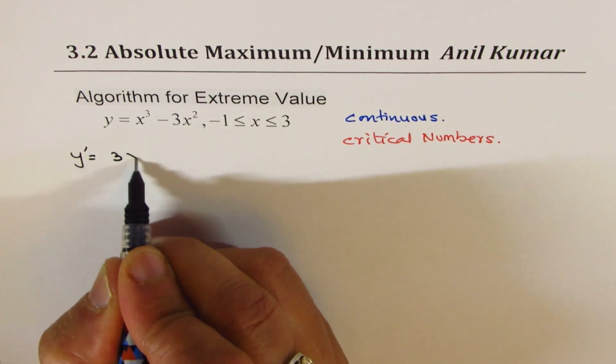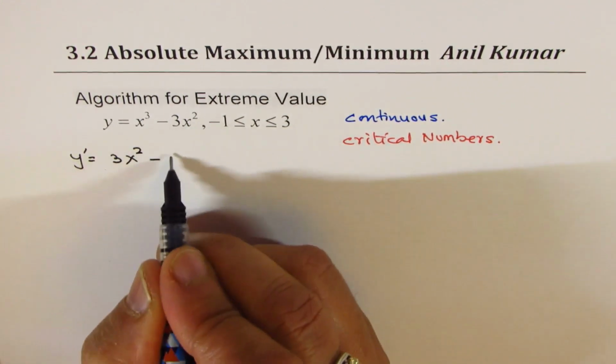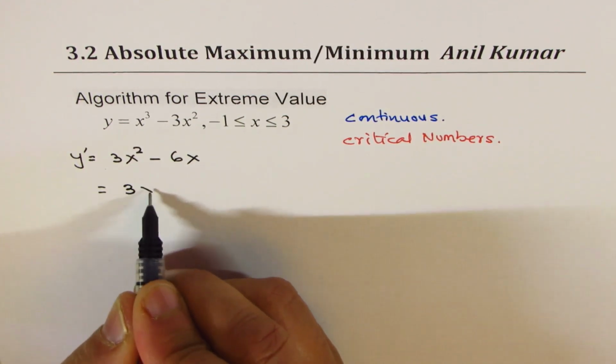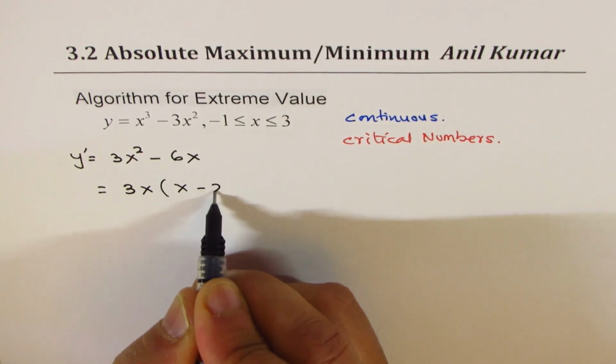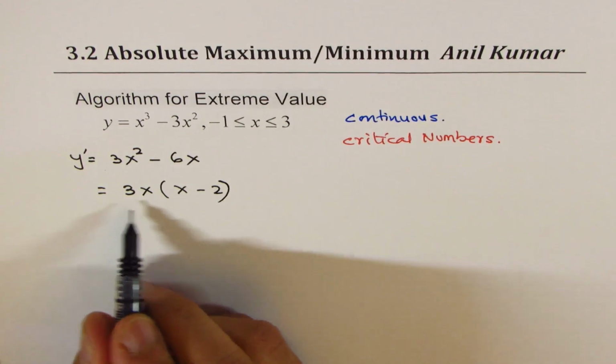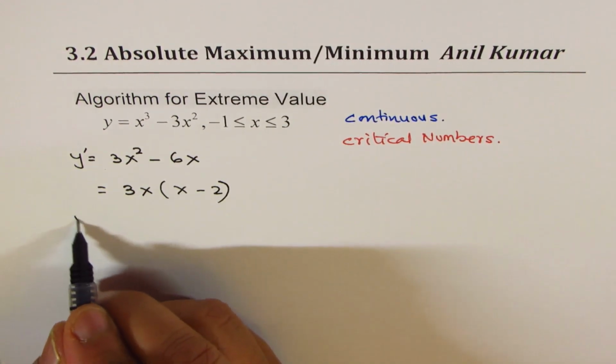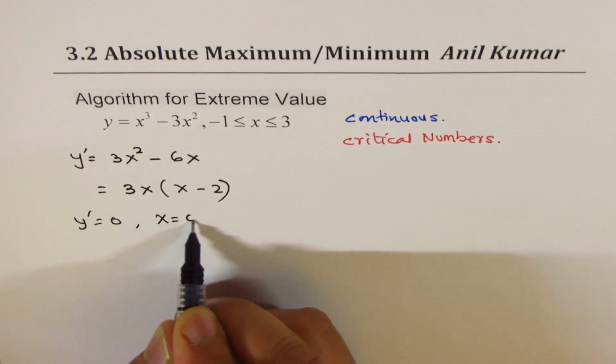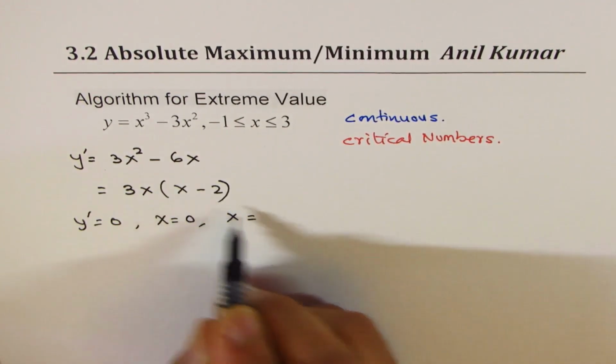So let's find the derivative. It is 3x squared minus 6x. You can factor this by taking 3x common, so you get 3x times x minus 2. Now we can say the derivative equals 0 for x equals 0 and for x equals 2.